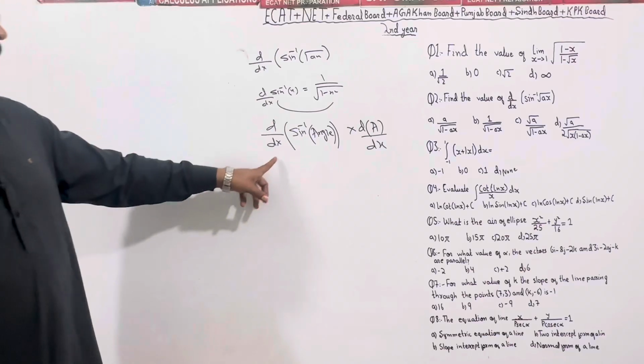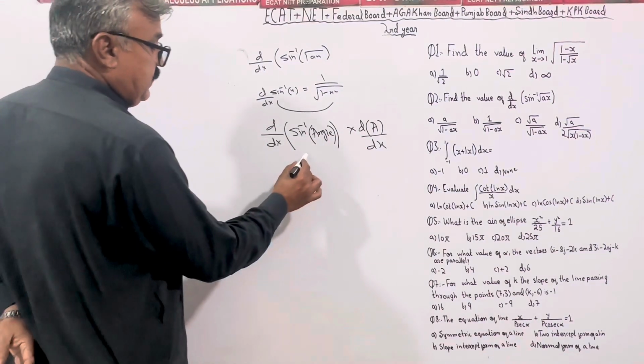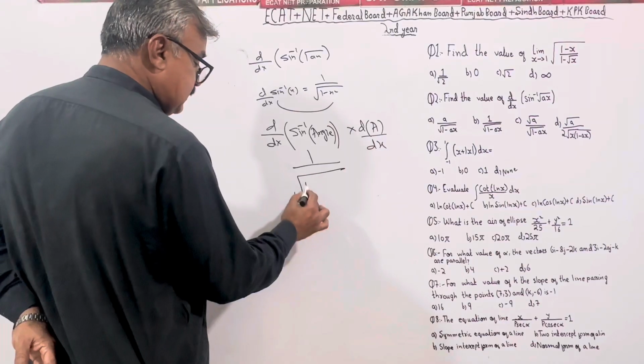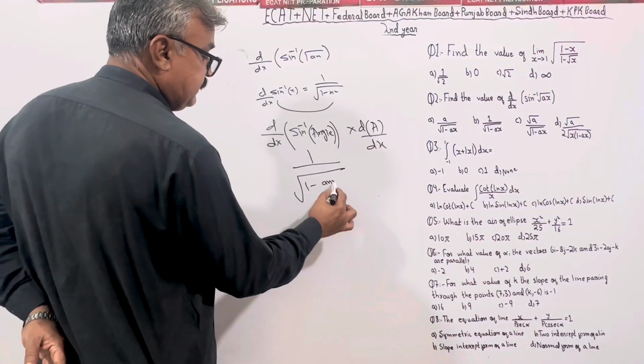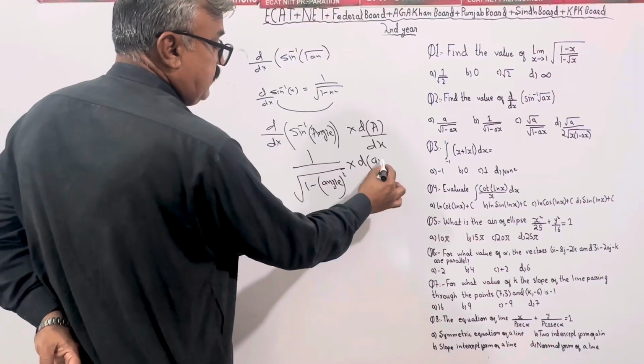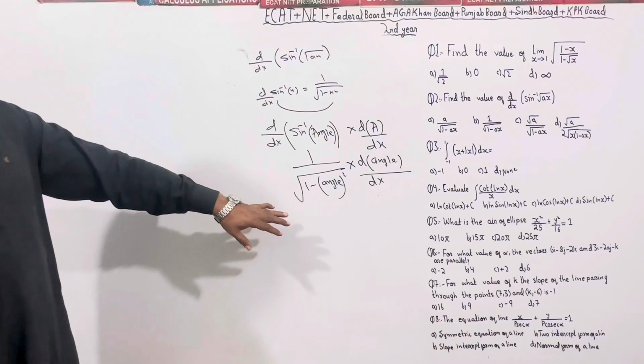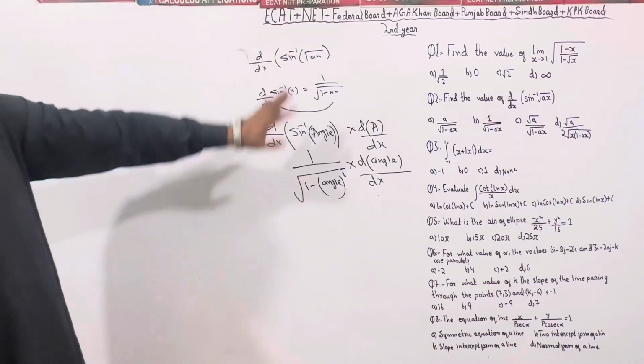Sine inverse of angle, let me clarify the situation. Instead of x, I write angle squared, multiplied by the differentiation of the angle. That's my strategy to handle such type of question.